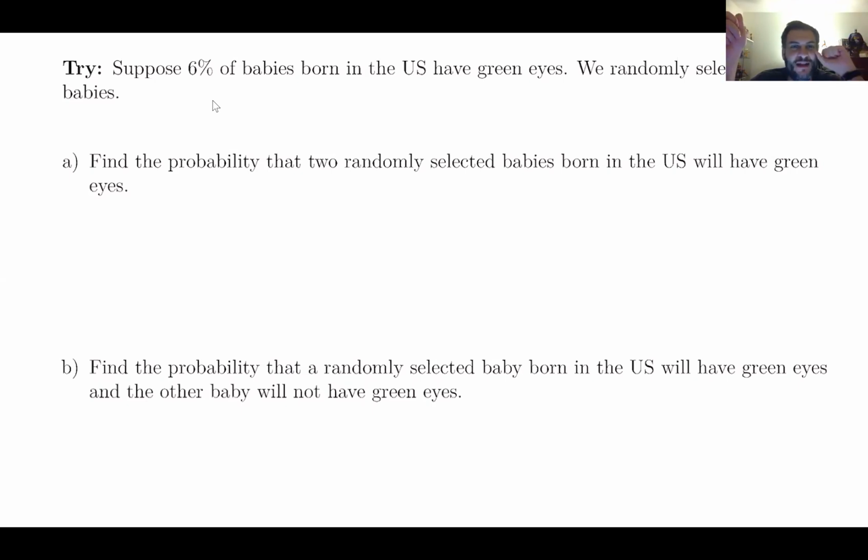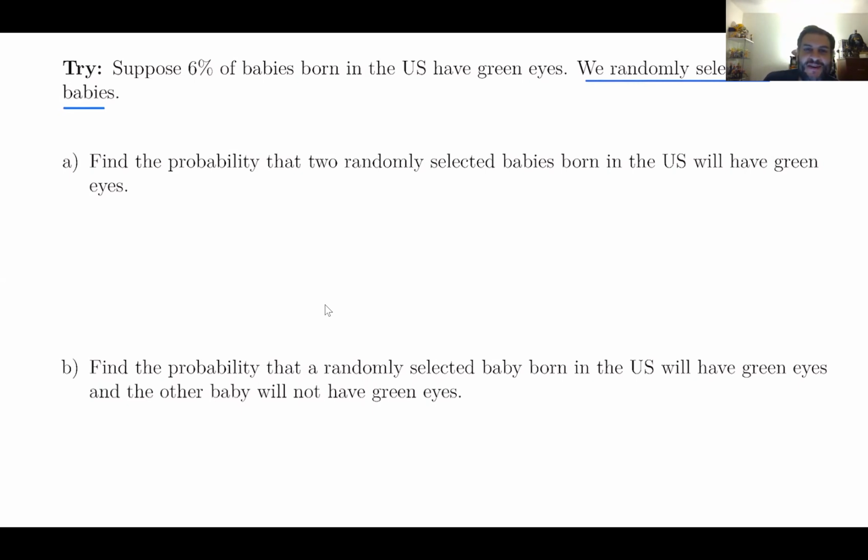And how many babies are they choosing? Cool, perfect. There you go, 2 of them. Since we're randomly selecting 2 babies and we know both babies are independent from each other, we're going to use the multiplication rule.